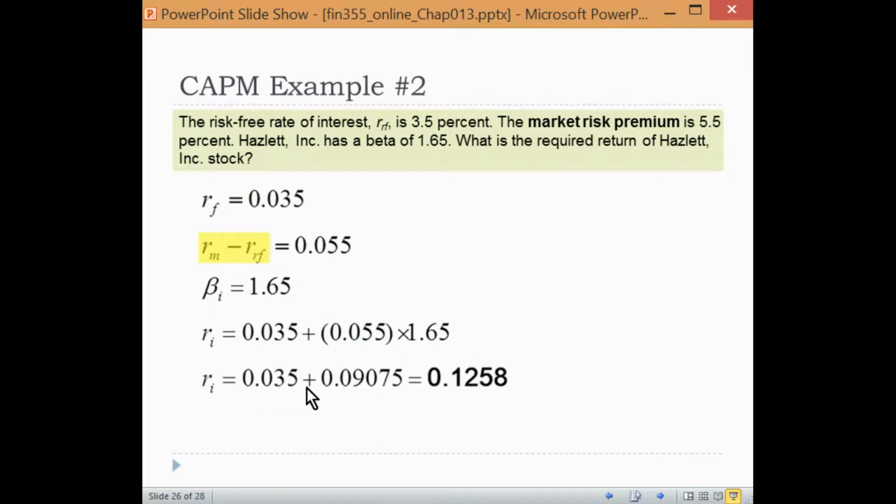You can do the math, but this one turns out to be about 0.1258 or 12.58%. Again, this stock is considerably riskier than average, the beta of 1.65. Therefore, the return expected on it is considerably higher than the market return, which would be 9%.